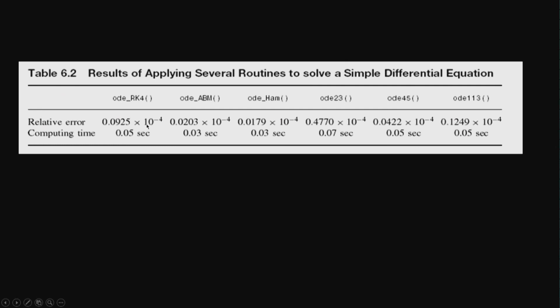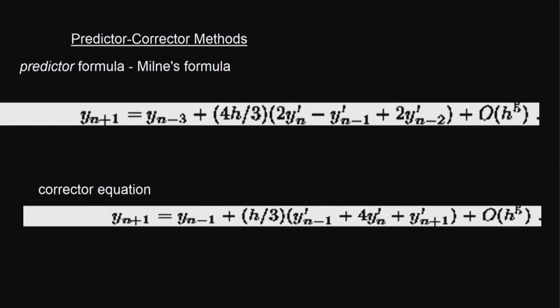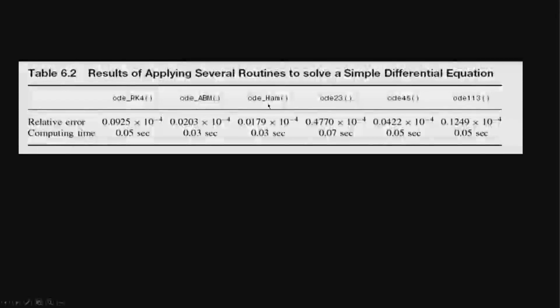Relative error you can see 0.09, Adams-Bashforth gives 0.02 times 10 power minus 4, Heun's method 0.0179, then ODE23, ODE45, ODE113, they all give these types of errors.